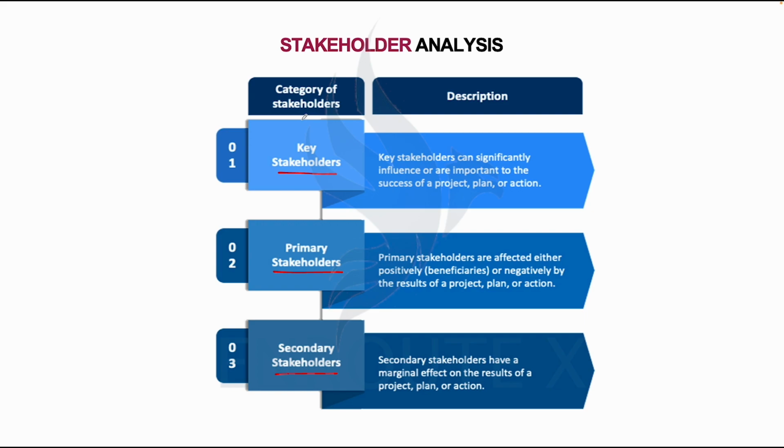The primary stakeholders are affected either positively, having benefits, or negatively by the result of a project, plan, or action. Then the secondary stakeholders have the marginal effect on the results of the project, plan, or action.